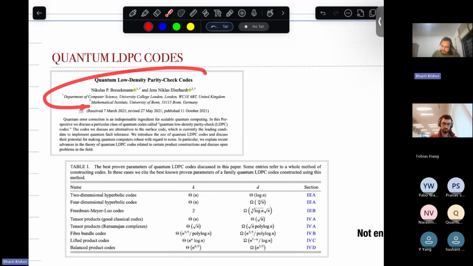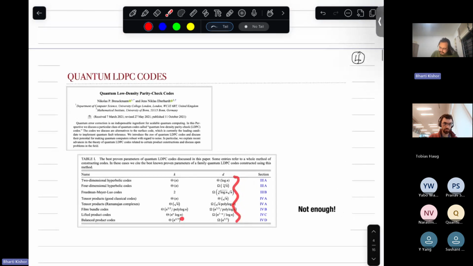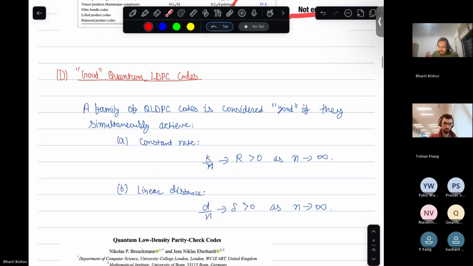There is a paper by Breuckmann and Eberhardt, where they try to develop better and better codes, but somehow this is also not enough, in terms of this kind of k and d behavior. What we actually need to achieve very nice performance is something called a good quantum LDPC code.